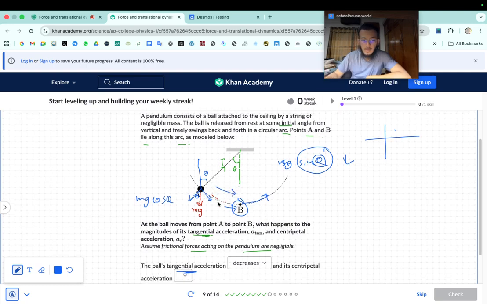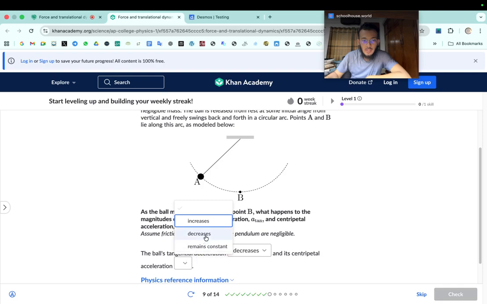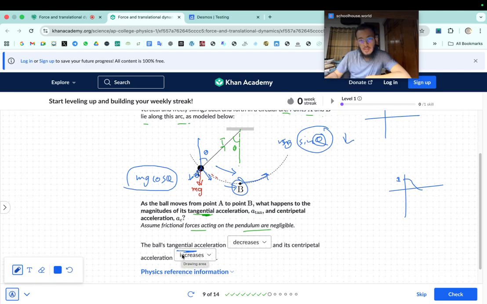And what about centripetal acceleration? Well, the centripetal acceleration is provided by this cos theta, and as theta decreases, cos theta actually increases because cos theta starts from 1 like this. So the centripetal acceleration would actually increase. It won't remain constant. And centripetal acceleration is provided by the resultant force acting along this radial distance here.